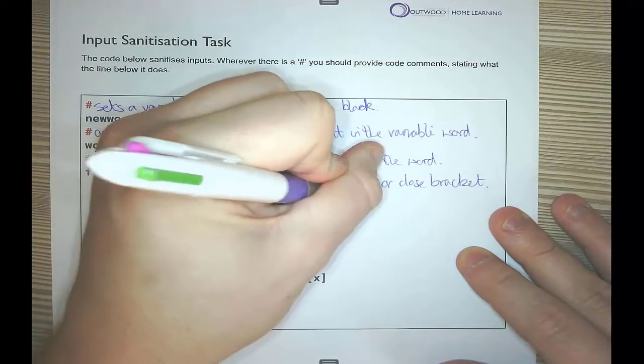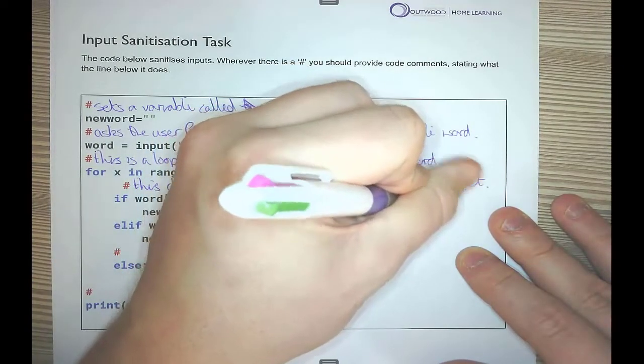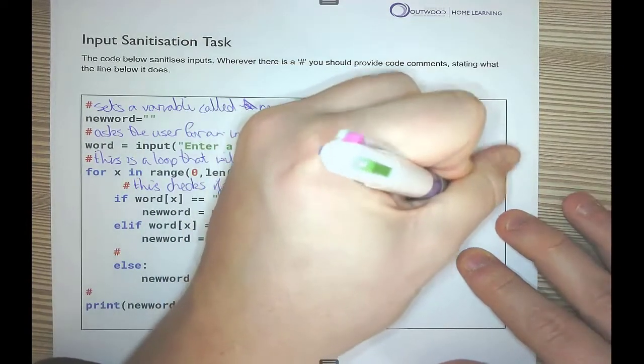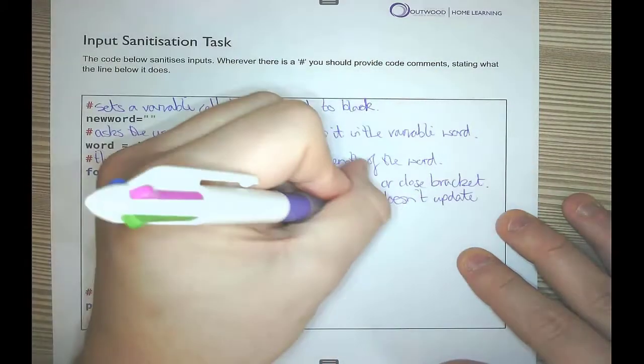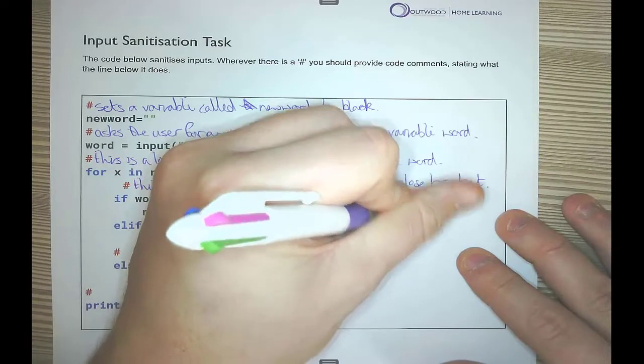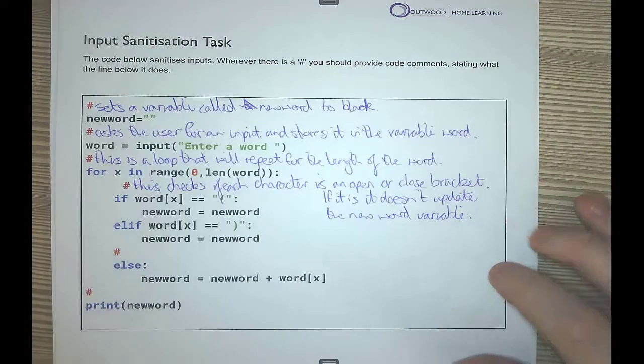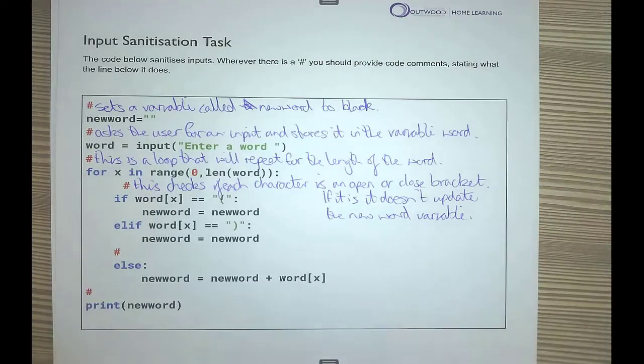If it is, it doesn't update the new word variable. Okay, so what it means is that instead of adding that letter that's been checked onto the new word variable, it just ignores it. So if it was a bracket, it just doesn't add it on.